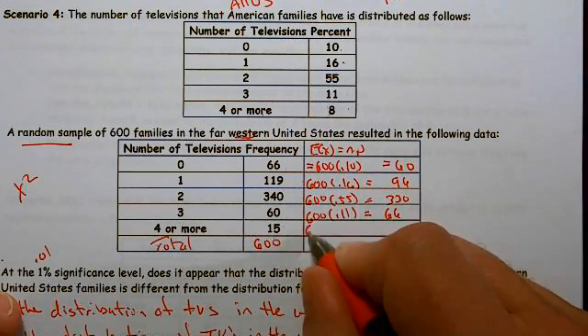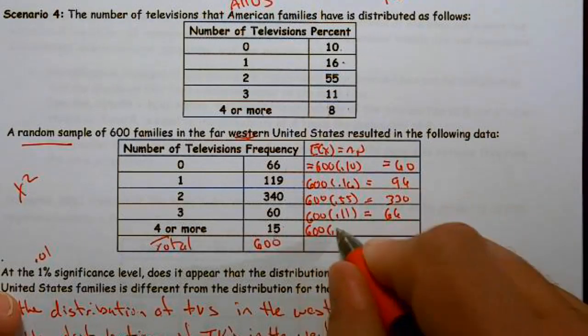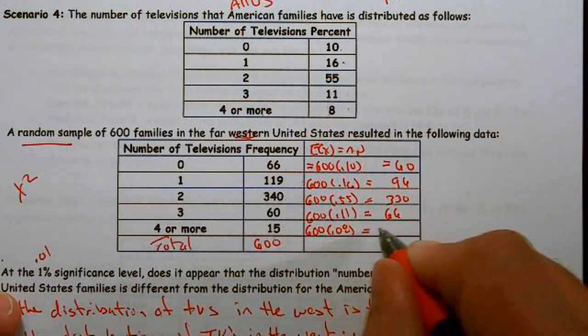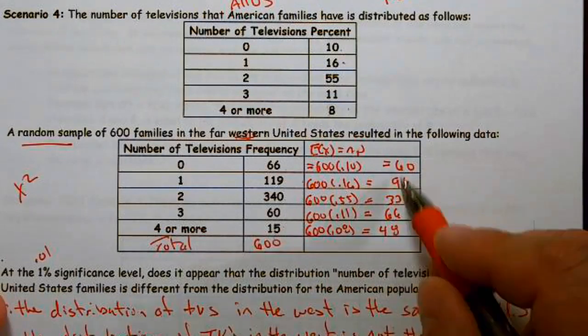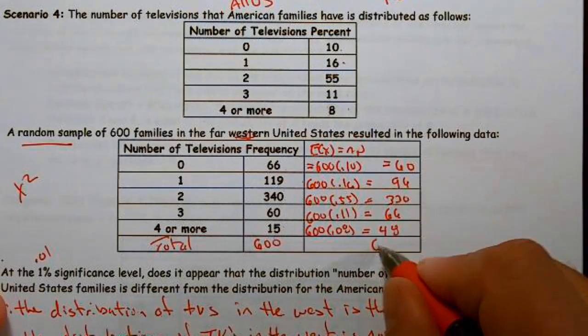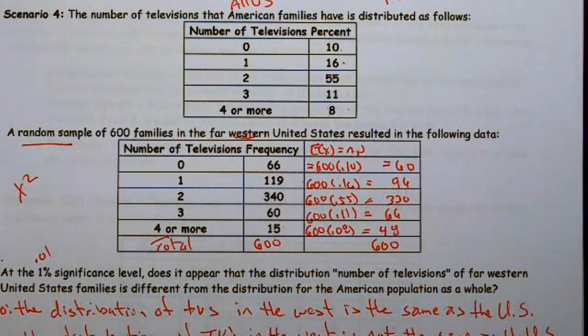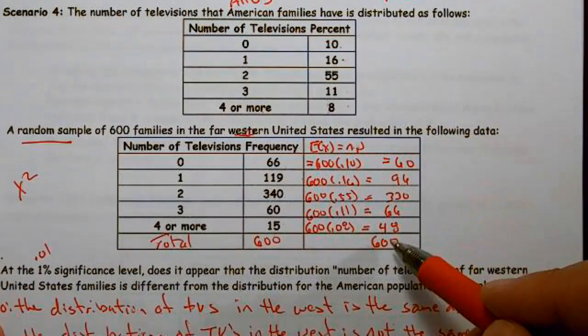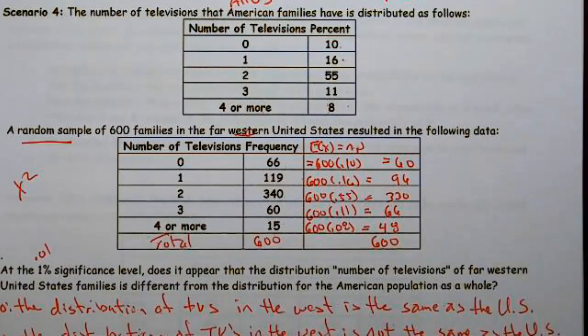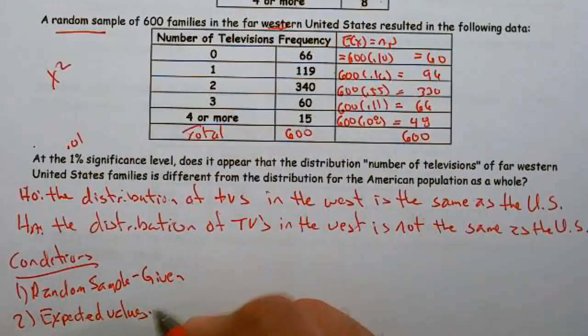And here's 600 times 0.08, and I would expect there to be 48. If I totaled all those values up and did this correctly, it should add up to 600. But regardless, every single one of those values is greater than 5. So expected values are all greater than 5.